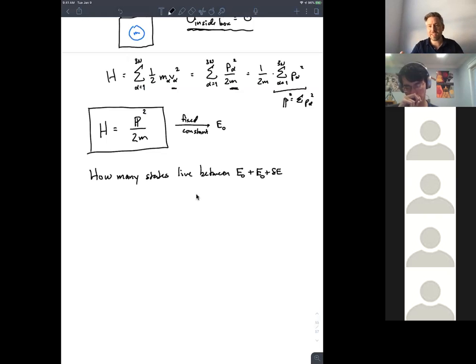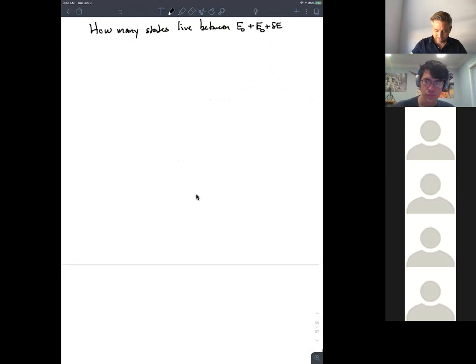So it's exactly what we talked about on Monday. We want to look at what the phase space looks like. We're going to kick the energy out by a little bit so that we can calculate a volume, and then we're going to let that delta E go back to 0 so that we're talking primarily about the things that live close to the surface. All right, so let's do it.